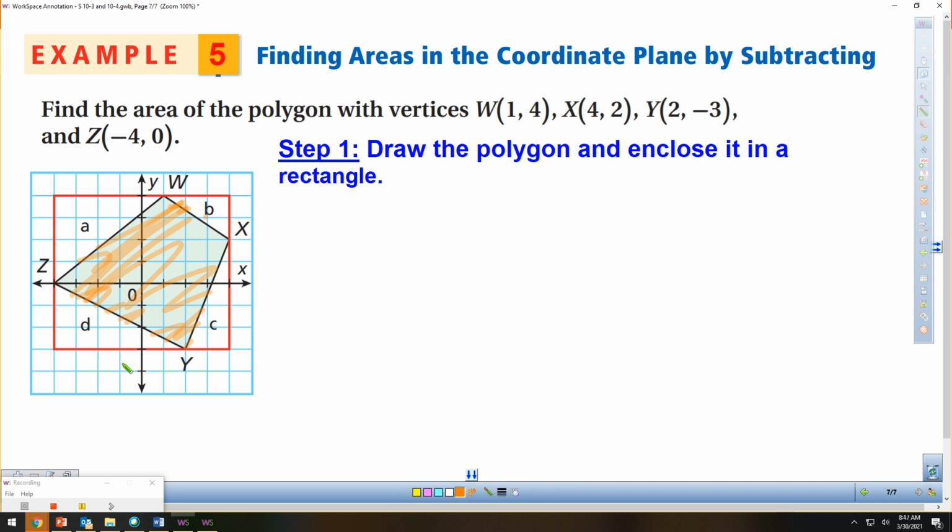Does that make sense, guys? If I find the whole red figure, and then cut out A, B, C, and D, now I'm left with just the green figure. Okay, so step 1 was to draw the rectangle around it. Step 2 is going to be to find the area of all the triangles.